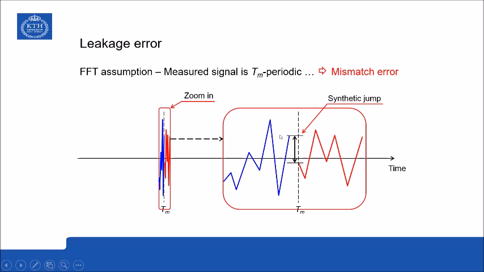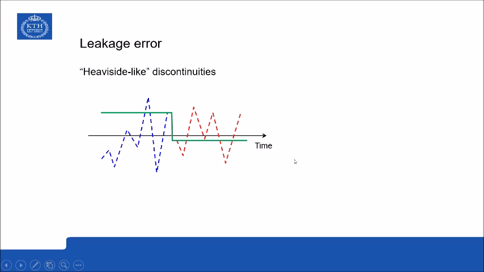And this kind of sudden jump in a signal will create a Heaviside-like discontinuity. This green line here is a Heaviside-like discontinuity. And that will imply a wide frequency band of signal energy. So this jump here will add a wide frequency range of energy to the Fourier transform, to the FFT of the signal.